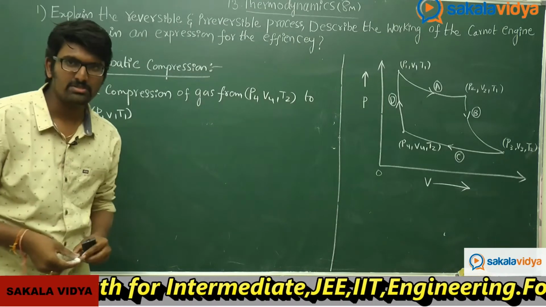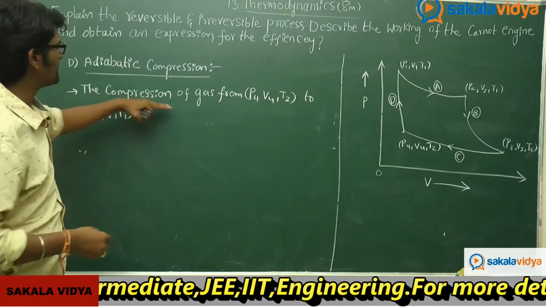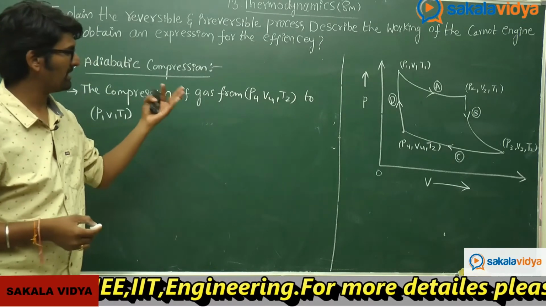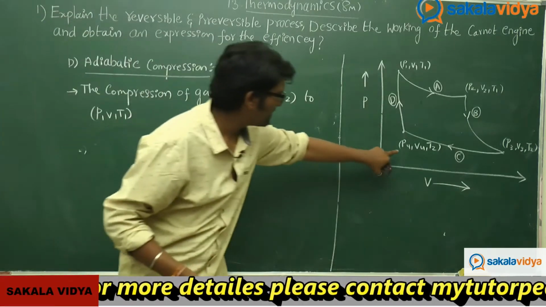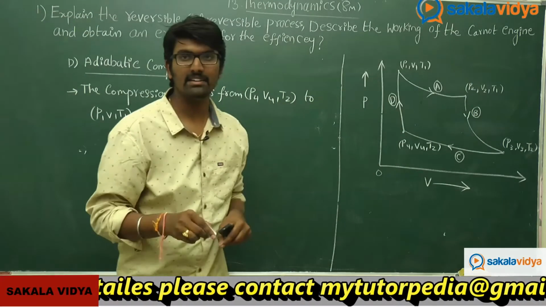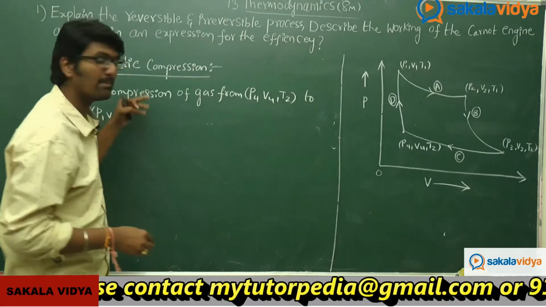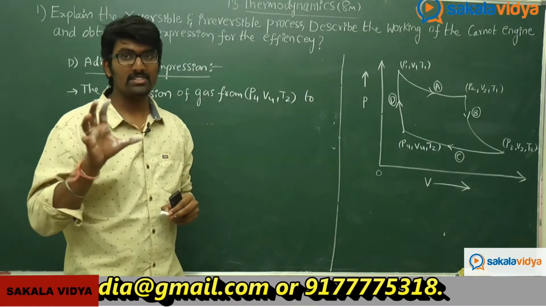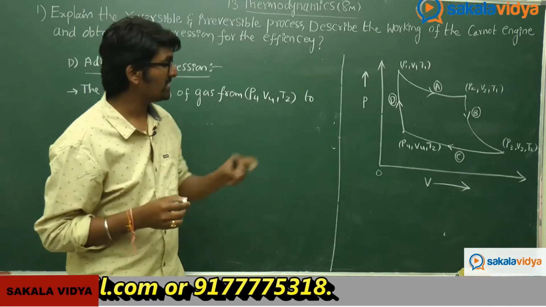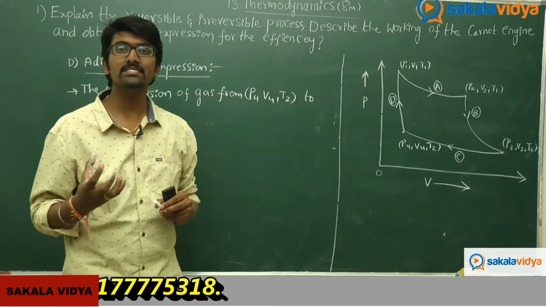Adiabatic compression. So what is adiabatic compression? The compression of gas takes place from P4 V4 T2 to P1 V1 T1. From this region to this region is indicated with D, which is called adiabatic compression. So from A to B heat is absorbed, whereas from C to D energy is released.